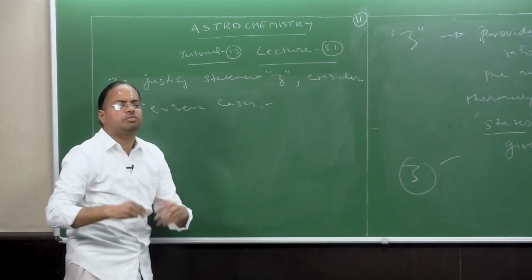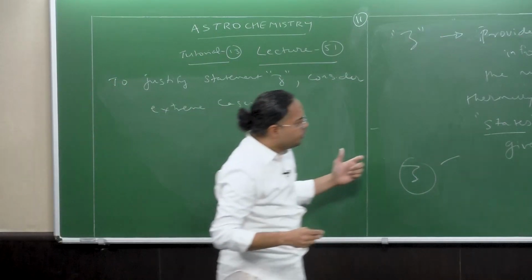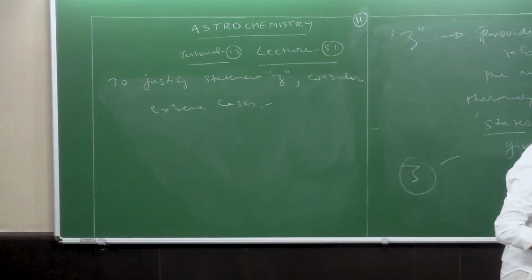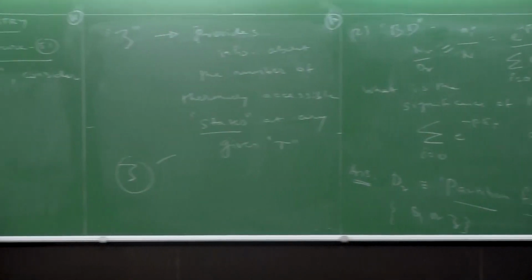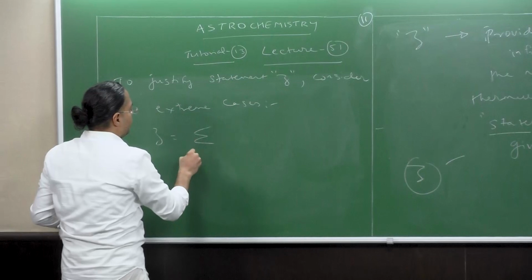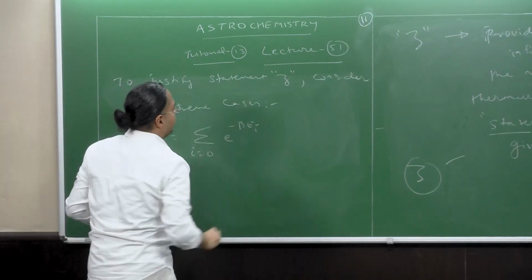What do I mean when I say extreme cases? You go back to this expression right here: Z equals the sum over i equals 0 of e to the power minus beta Ei, right?